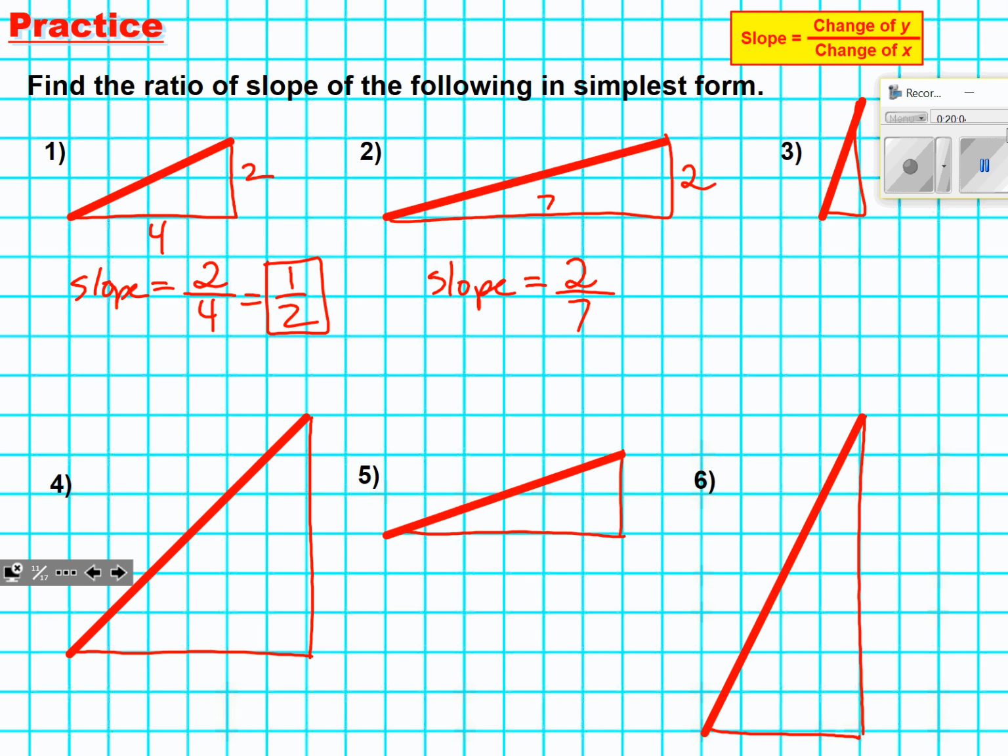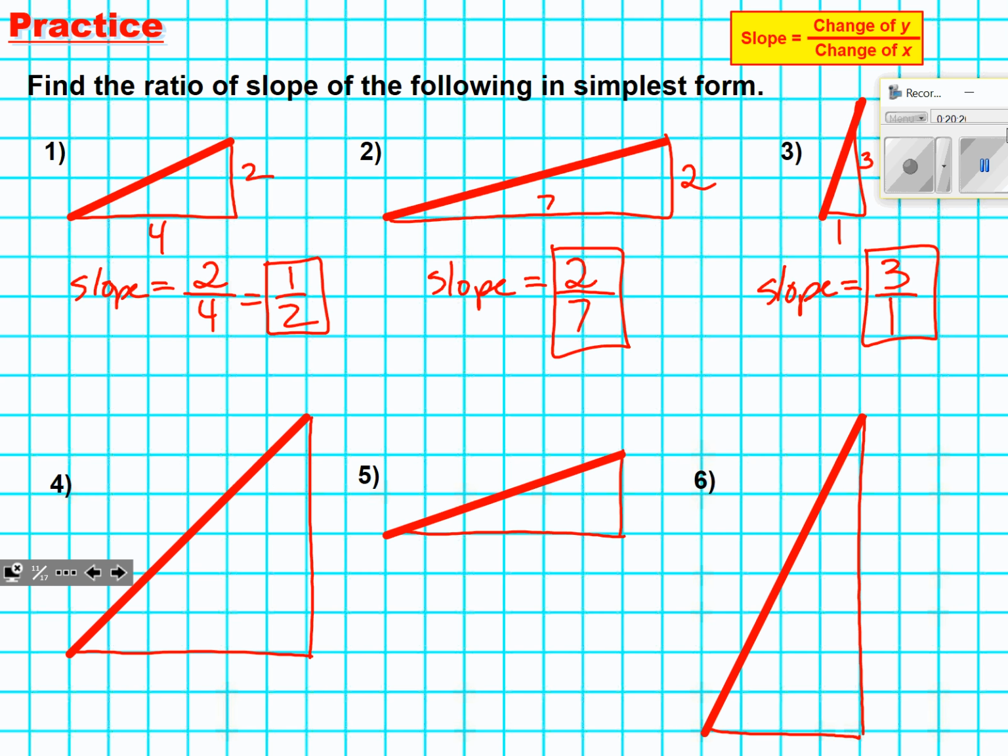For number 3, the vertical change is 3, the horizontal change is 1. So slope, change of y is 3, change of x is 1. You can't simplify that any further. So that's the answer.